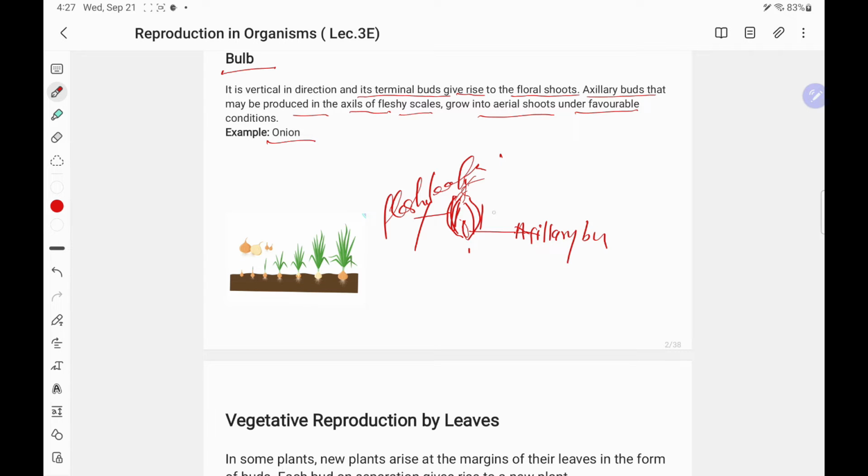The fleshy leaf covers the axillary buds. When favorable conditions come, this axillary bud grows into a new plant.